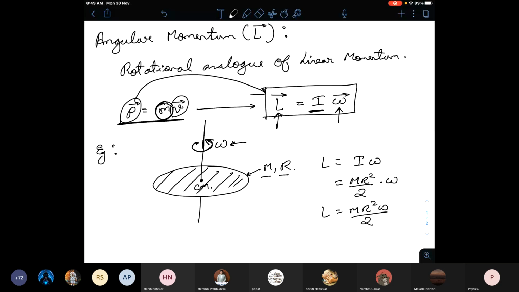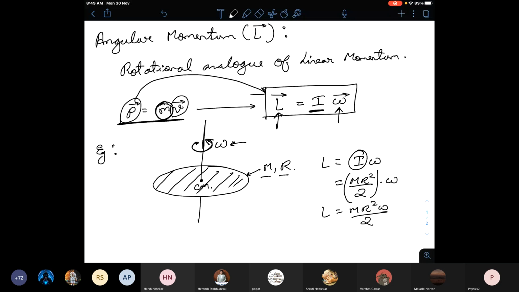I have just told you L is written as I omega. I is the moment of inertia about the given axis. Since the axis passes through the center of mass of the disk, I can write it as the moment of inertia of the disk about its center of mass. For a disk, the moment of inertia about the center of mass is mr square by 2.